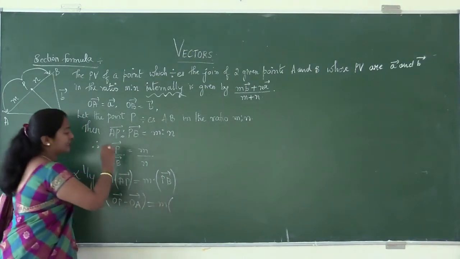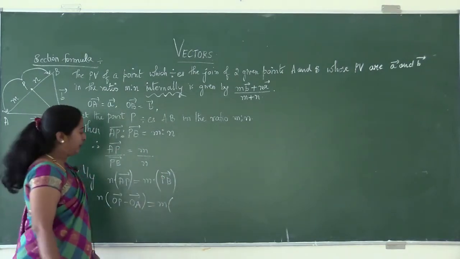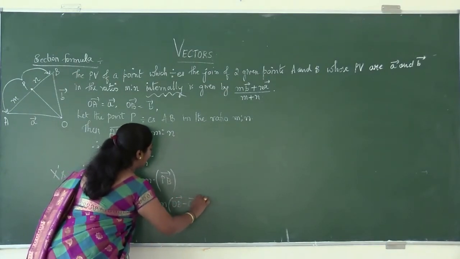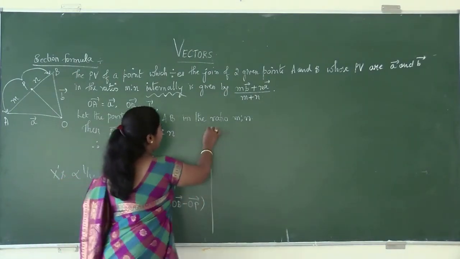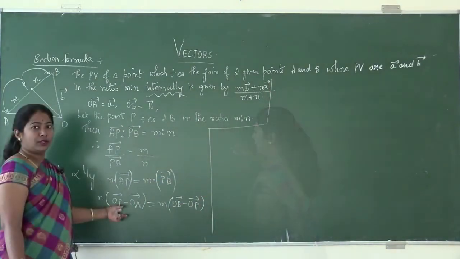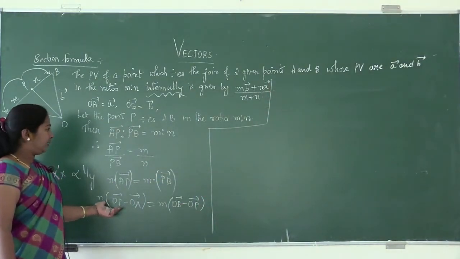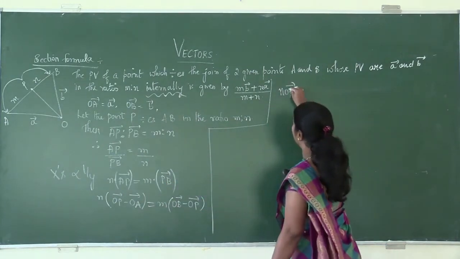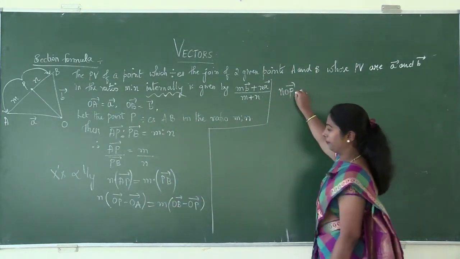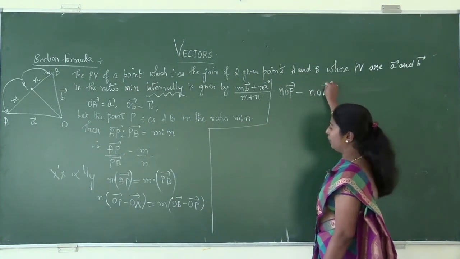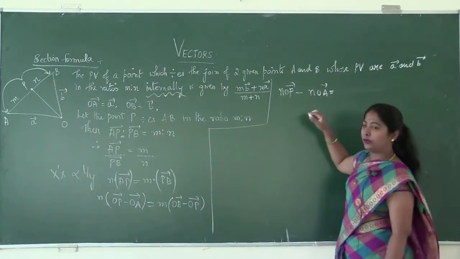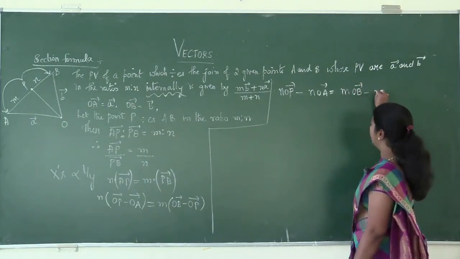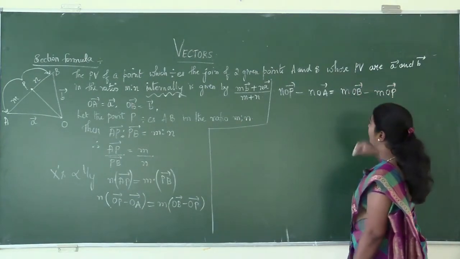Similarly, how do I represent vector PB? Vector OB minus vector OP. Now, we can write this as n into vector OP minus n into vector OA is equal to m into vector OB minus m into vector OP.